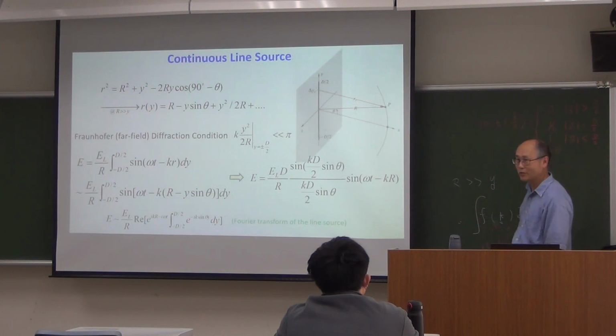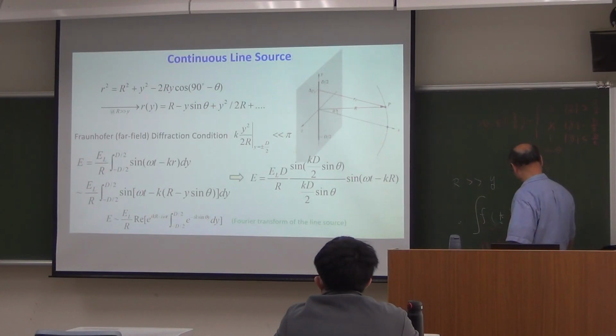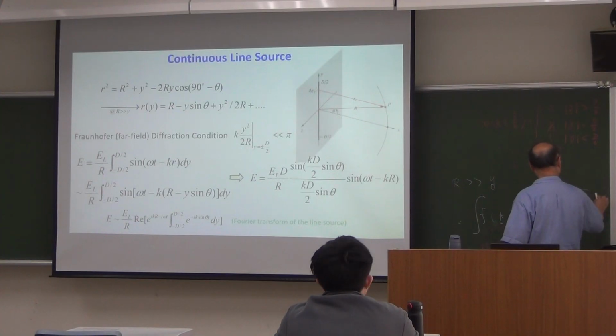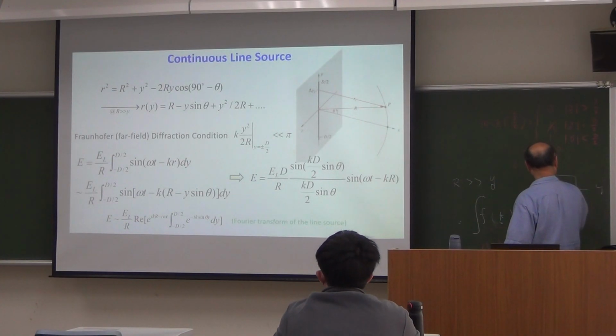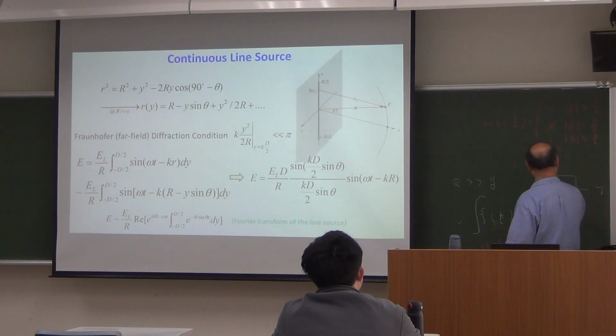This is the rectangular function. So basically, if you plot it against y, you have unit amplitude between minus b over 2 and b over 2. So this is the rectangular function.